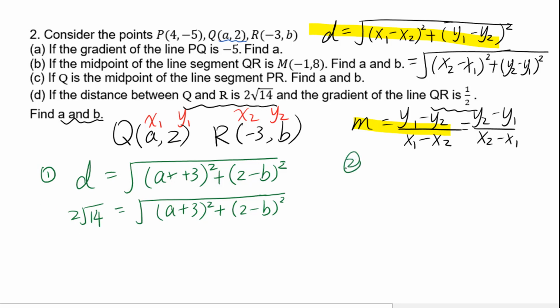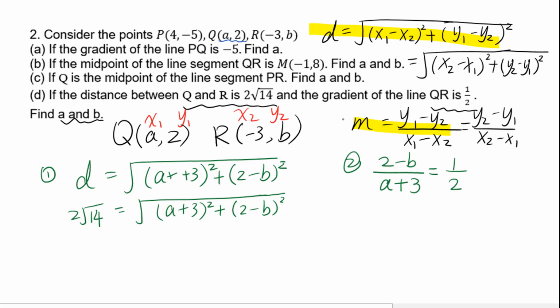For the second equation, you will get y1 minus y2. That is 2 minus b. x1 minus x2 is a minus negative 3, which is a plus 3. The slope equals 1 over 2.